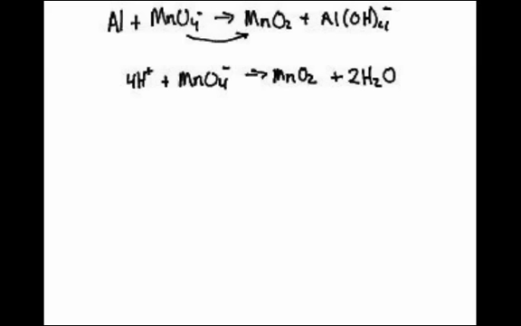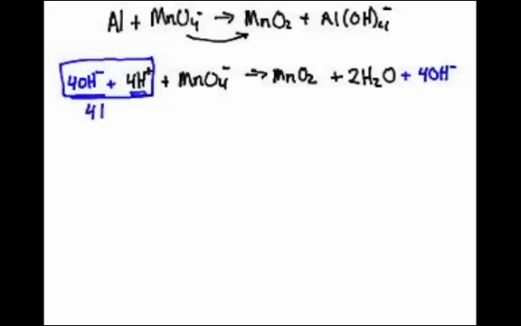So now we have to cancel out the hydrogen ions with hydroxides. I'm going to add the exact same number of hydroxides to both sides, just like algebra. What you do to one side, you do to the other. My algebra teacher beat that into our skulls. If you have 4 hydroxides mixing with 4 hydrogens, you will make 4 waters. It's a neutralization.